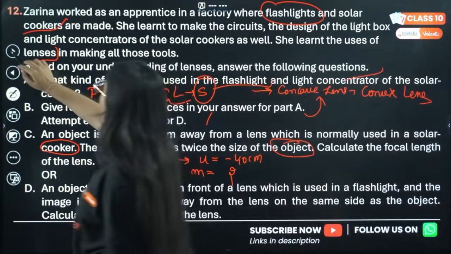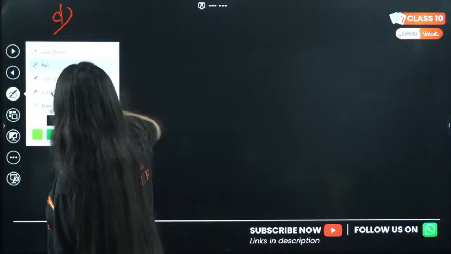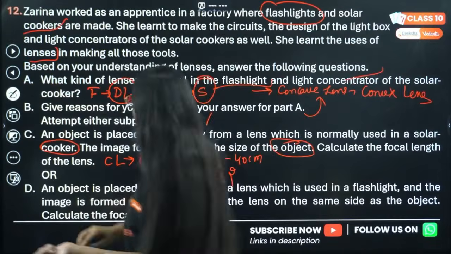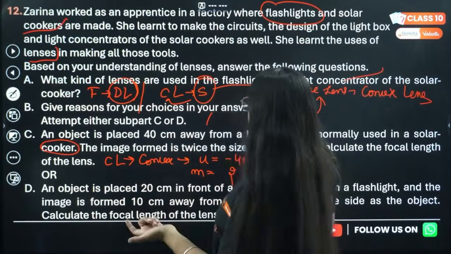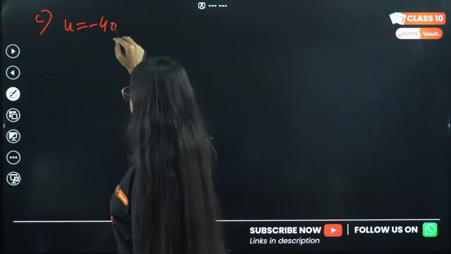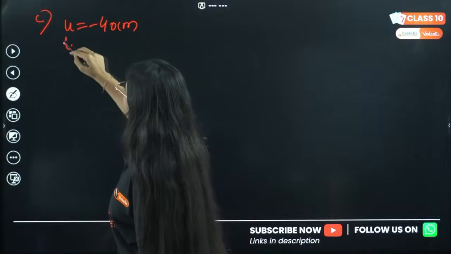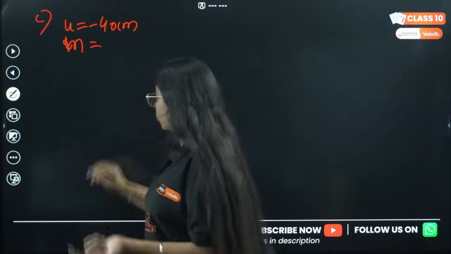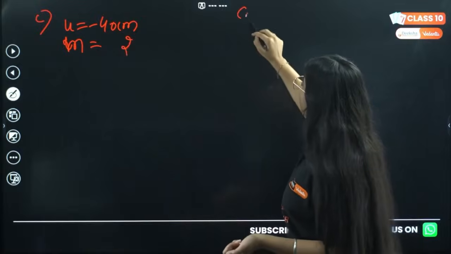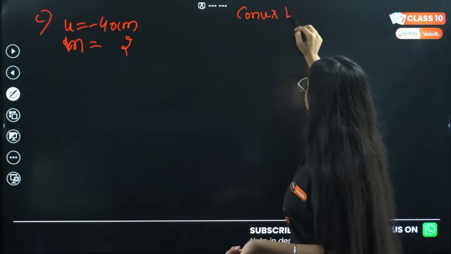Now see what we are given. U is minus 40 centimeter and my magnification is 2, but you need to take care of some things here. It's a convex lens, correct?